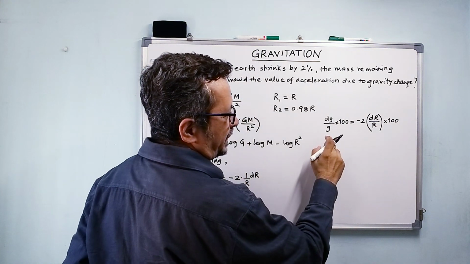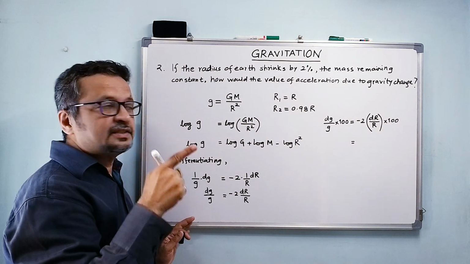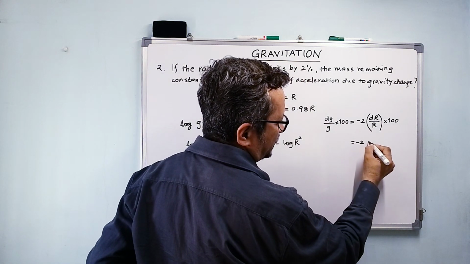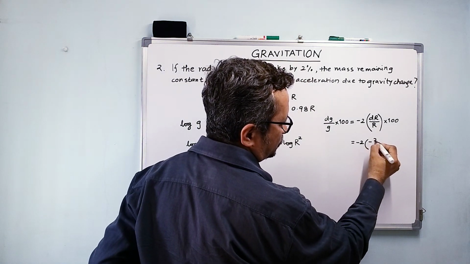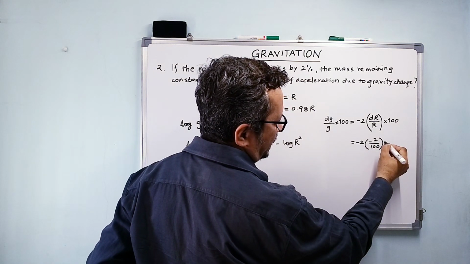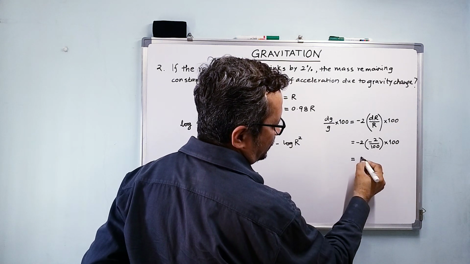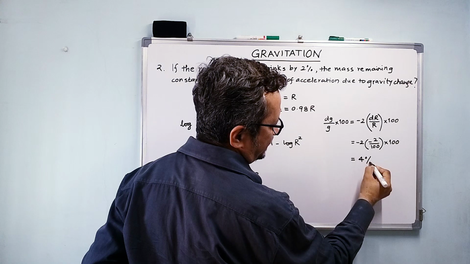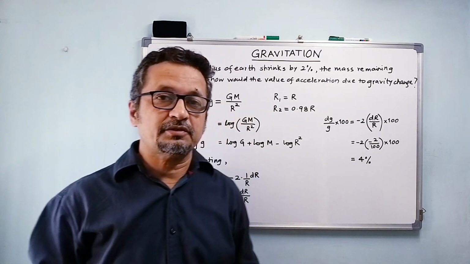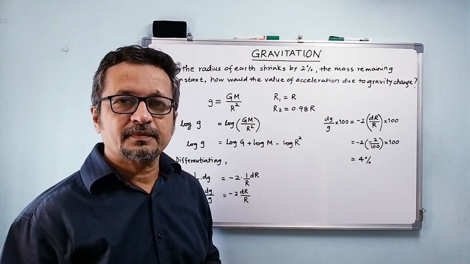So my dg upon g, now here my radius is decreasing by 2%, so it is minus 2 into minus 2 upon 100, correct, and that multiplied by 100 here, so that would be 4%. So the percent change in acceleration due to gravity here is going to be 4%, right?